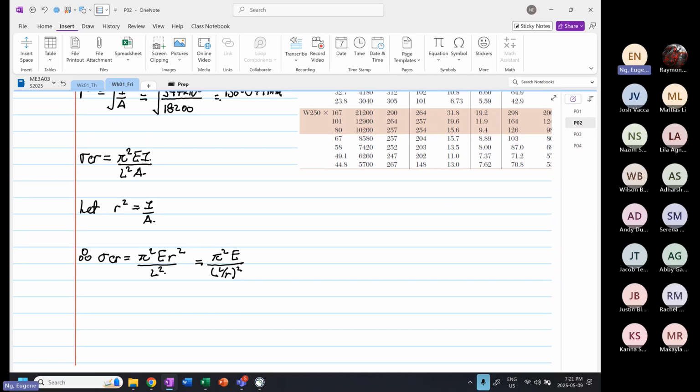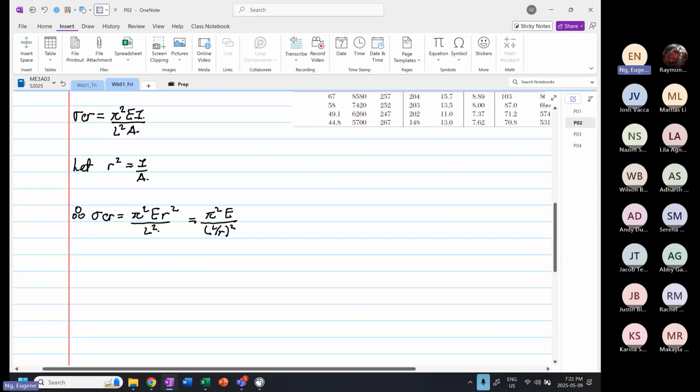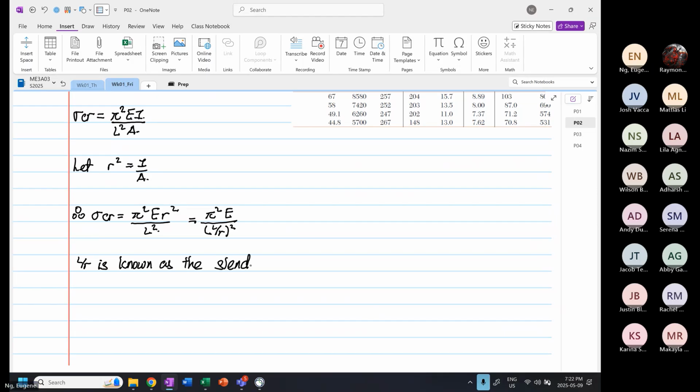And why do we do it this way? Because from here, there's a term that we refer to in buckling: the L over R is known as the slenderness ratio.